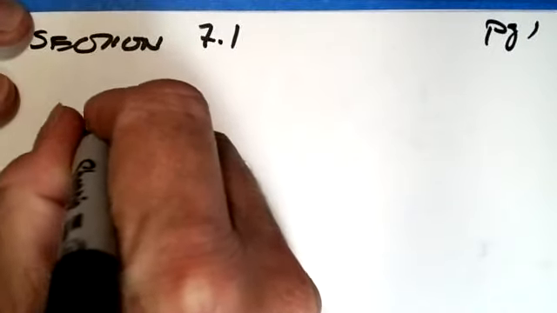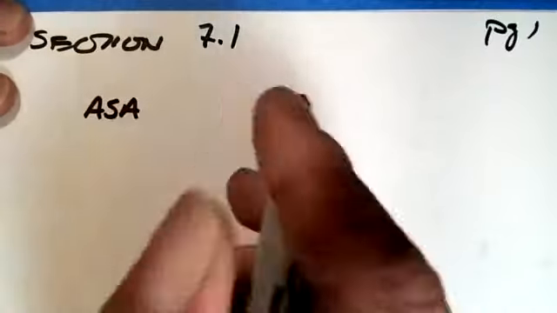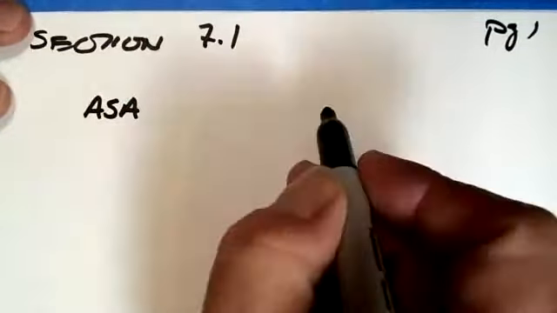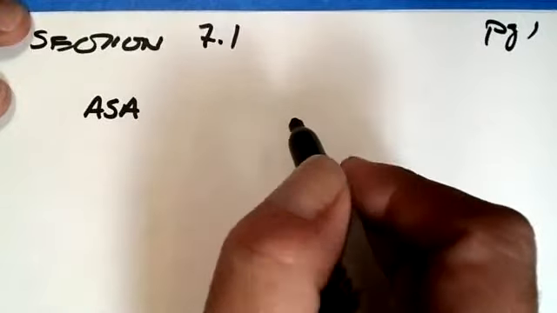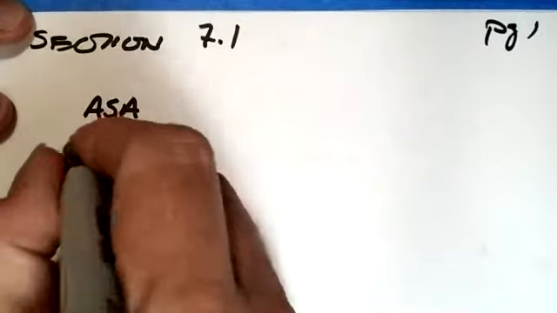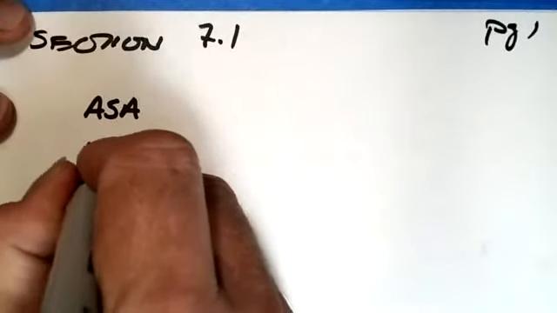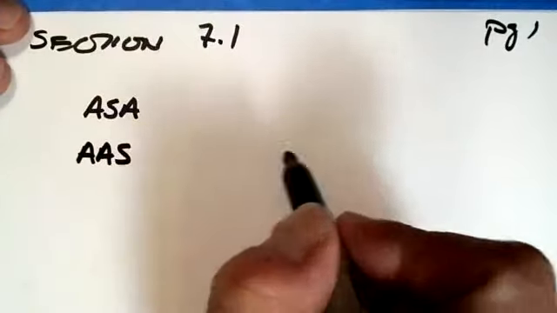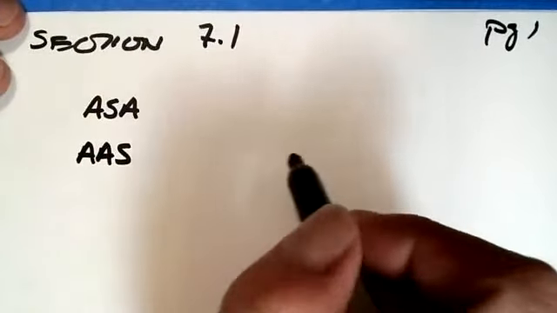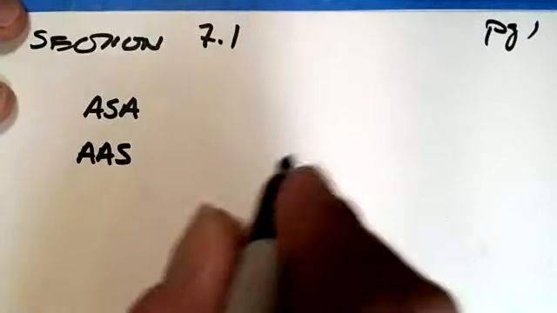So either we had angle, side, angle, where we had, and I drew some diagrams, I won't repeat it, but you have two angles and one side that's between them. Then you have angle, angle, side, where you had two angles and then a side that's not between those two angles.